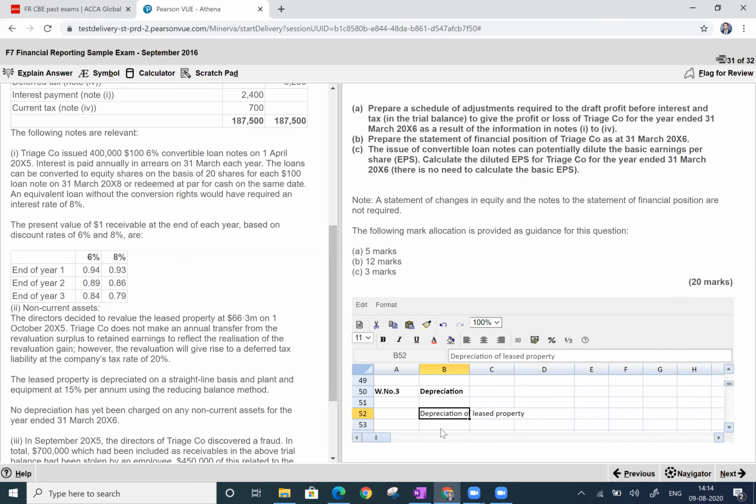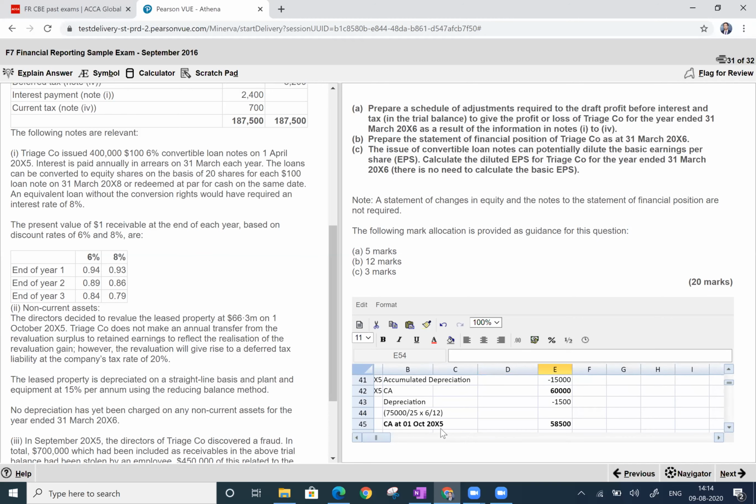Okay. You have already calculated depreciation. When is your year end? 31st March. So when does the year begin? 1st April 20x5 till 1st October 20x5. You have already calculated the depreciation. How much is that? Depreciation equal to 1,500, E43.